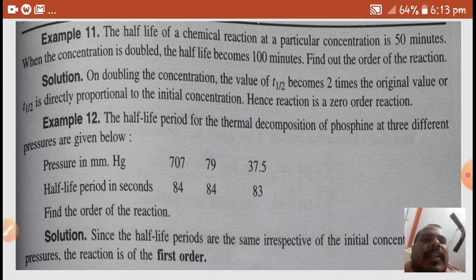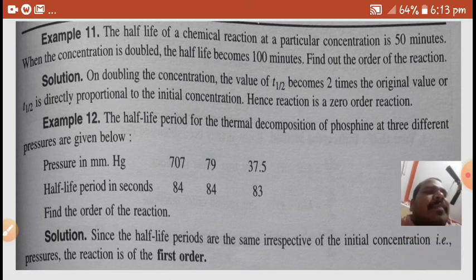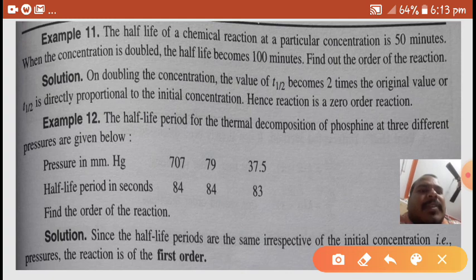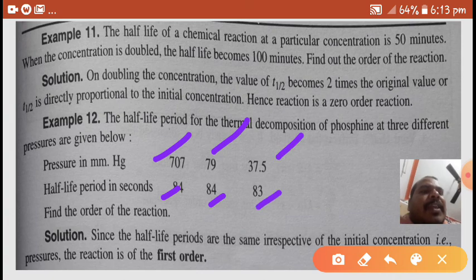Another example: the half life period for the thermal decomposition of phosphine at 3 different pressures is given below. Pressure is nothing but concentration here. Pressure in mm Hg: 707, its half life is 84; at 79 it is 84; and at 37.5 it is 83.